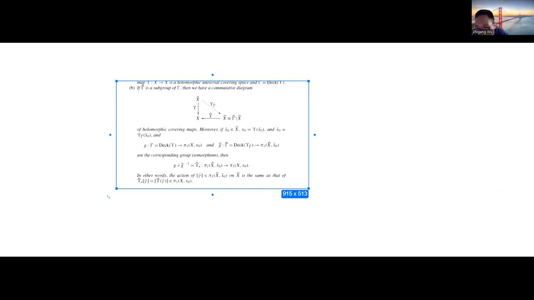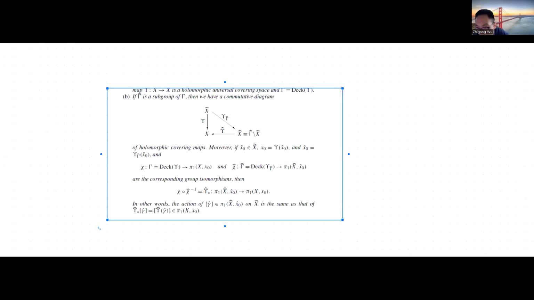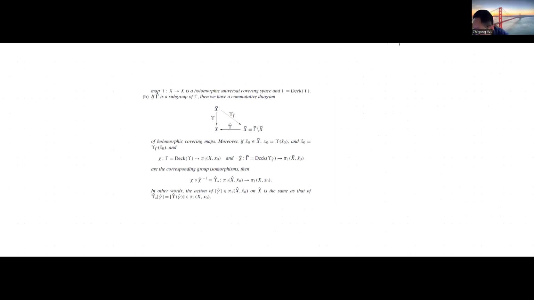Maybe let me show you the prompt first. So here is the first part of the prompt, and then let me show you the second part of the prompt.